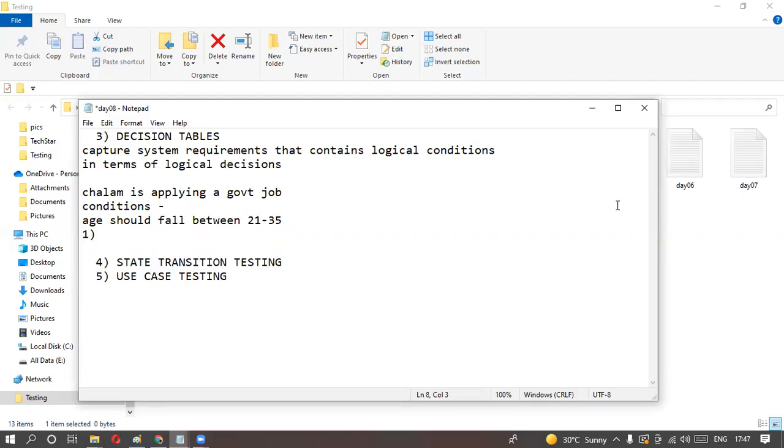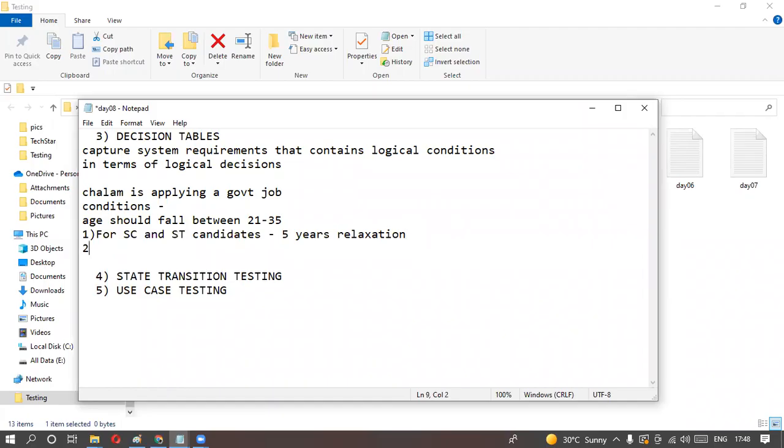We have separate categories for SC and ST candidates. They will give 5 years relaxation. That means 35 to 40 can be acceptable for SC and ST candidates. That means they got 5 years relaxation. What is the next condition?